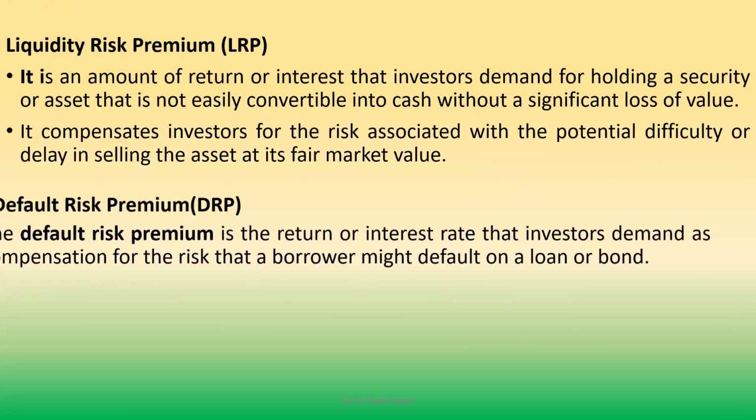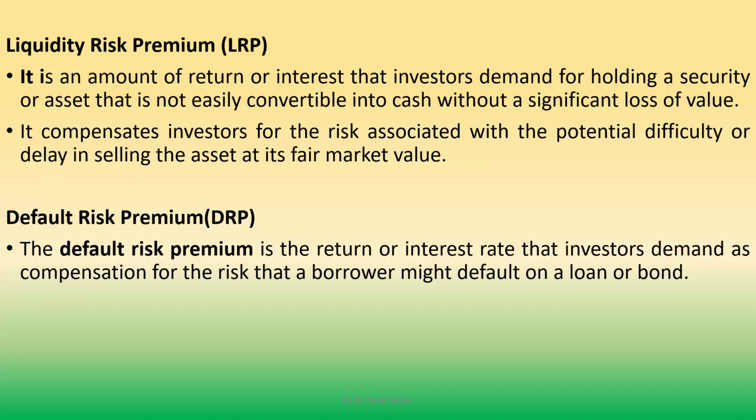And the last is default risk premium. Again, the default risk premium is what the investor demands as compensation for the risk that a borrower might default on a loan or bond. So we discussed at the start of this lecture that treasury bonds are less risky, or the risk of default is almost zero, because these are backed by the government, whereas in case of corporate bonds, yes, there is a default risk.